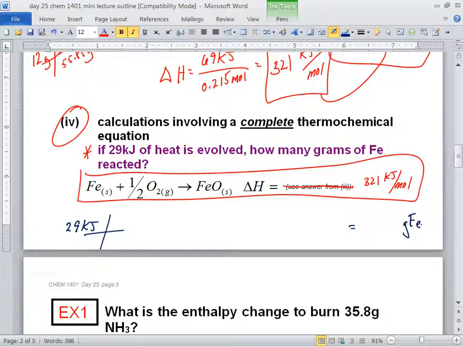Yeah, so the 321 kilojoules has to go where? On the bottom, otherwise it's not going to cancel. The question is, what goes up on top? Yeah, the 1 mole of iron. Or half mole of oxygen, or 1 mole of iron oxide. But we're after iron, so we'll pick the iron one. And it's just the coefficient out front.